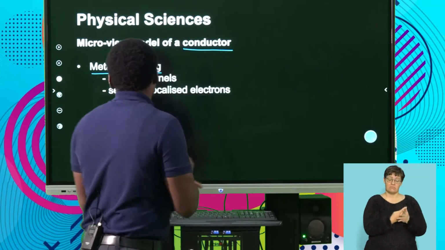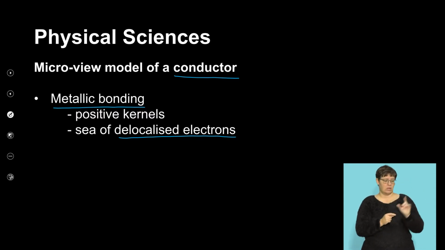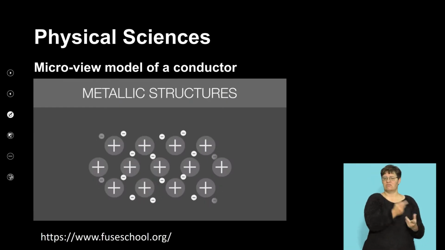Right. So we've got positive kernels and the sea of delocalized electrons. Delocalized simply means that these electrons are free to move between adjacent atoms within the same metal. Right. Okay. Now this is the micro view in terms of a conductor.